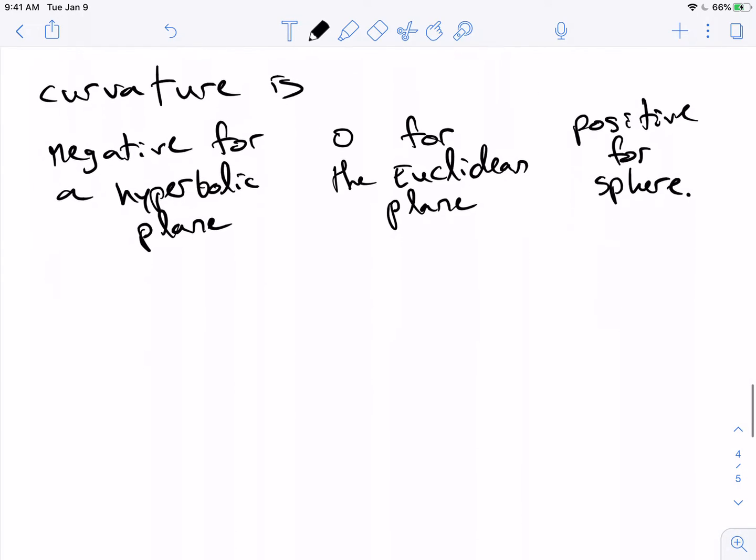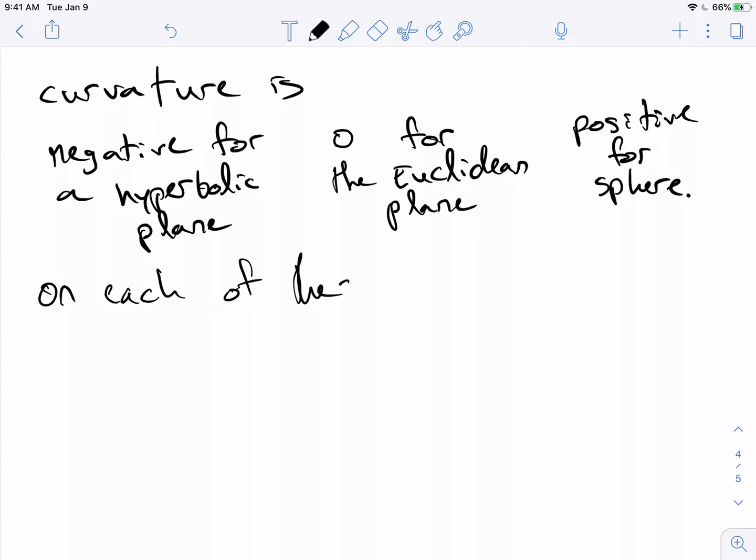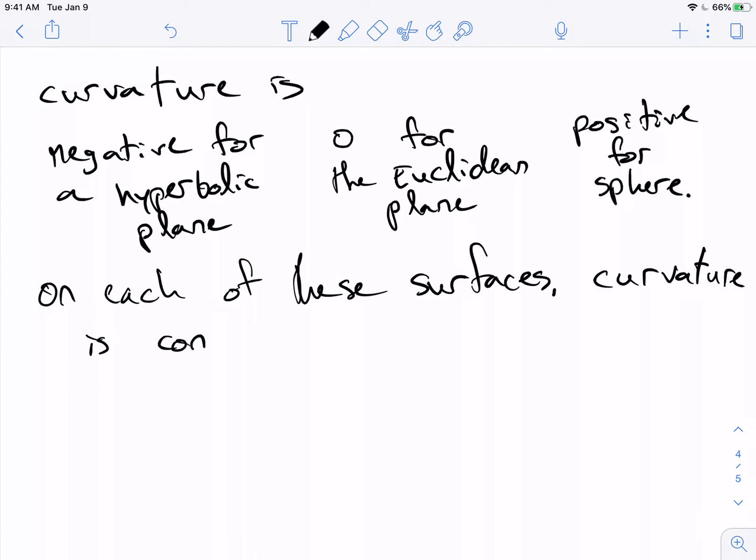And notice that on each of these surfaces, the curvature is constant. It doesn't actually depend on what triangle you draw. It doesn't depend on where you are on the surface.